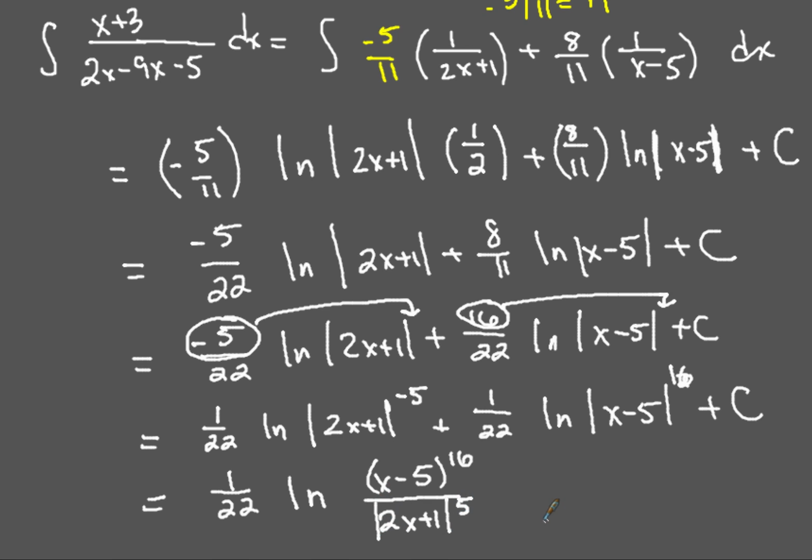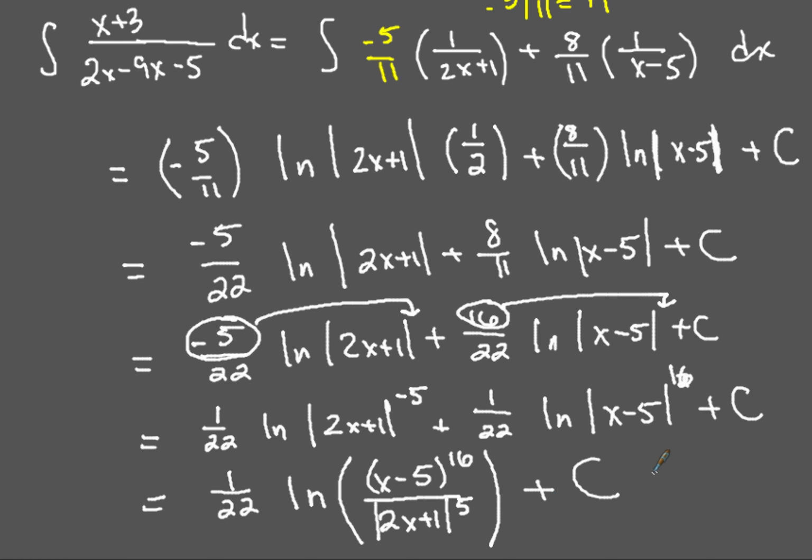Anytime you have something to the 5th power, that of course is odd. So in order to not break the rules of natural log, keep everything positive, greater than 0, we're going to have to put absolute value bars around that. So that condenses down to that lovely little fraction. And do not forget, of course, the plus c.